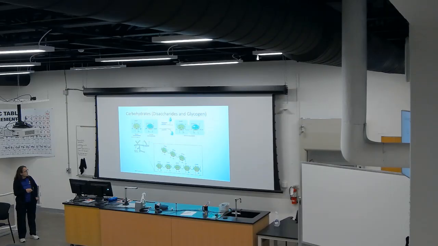We don't do that in our body, but we can do the opposite. If you ingest sugar, this fructose that is joined by this bond with glucose, you add water and you can break it down. So you can have glucose and fructose, which are monosaccharides that you can absorb and that you can utilize.